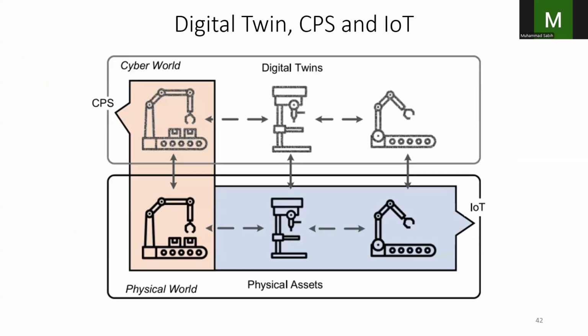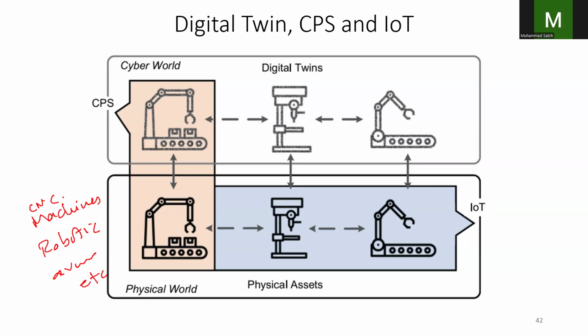So let's now take a closer look at how digital twin, CPS, and IoT interact visually. On the bottom half, we see the physical world, where the actual machines are operating, such as robotic arms and CNC machines, computer numerical control machines.